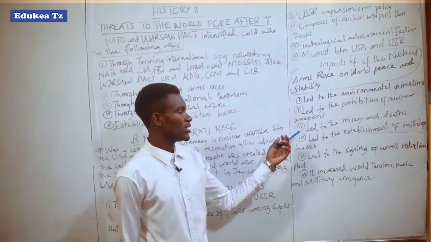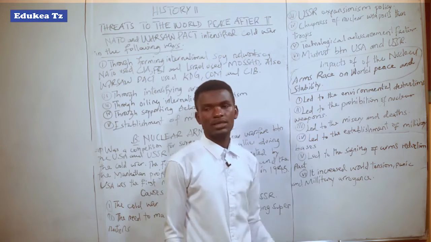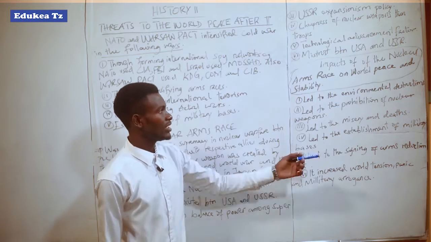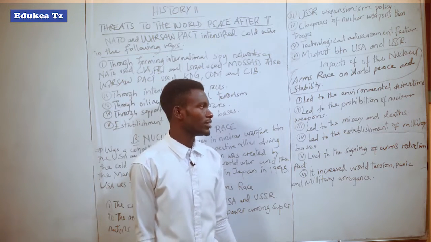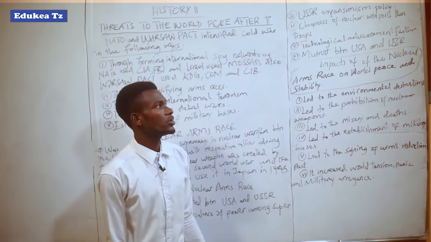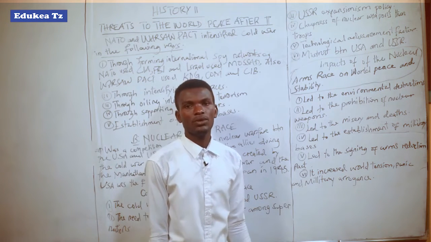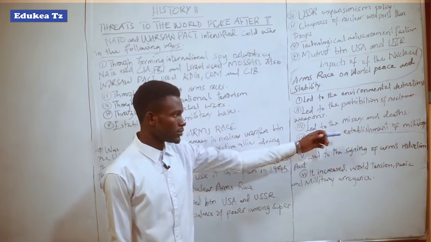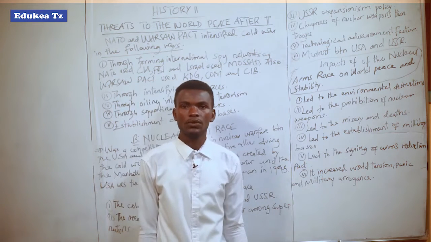The third one was related to missiles and death. This was another impact in the way that nuclear weapons, or the nuclear arms race, led to missiles and death among the people of the world.